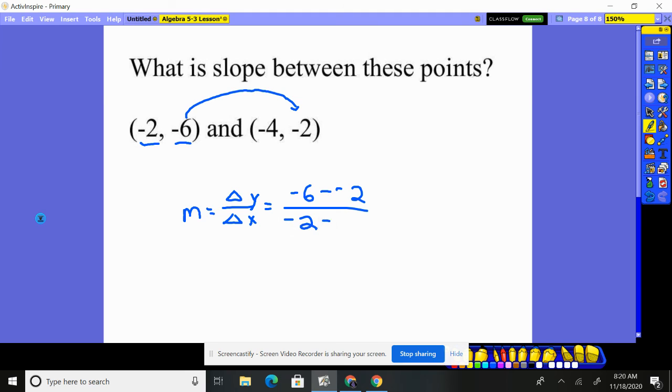Negative 2 minus, what's that X there? Negative 4. All right, let's work it out. This is going to be a plus. This minus the negative down here will be plus. We'll get negative 4 over positive 2, which gives us a slope of negative 2. So we know that line's going up to the left. And it has a steepness of up 2 over 1, up 2 over 1. That's how we find the slope between points.